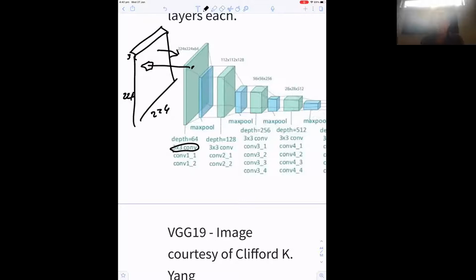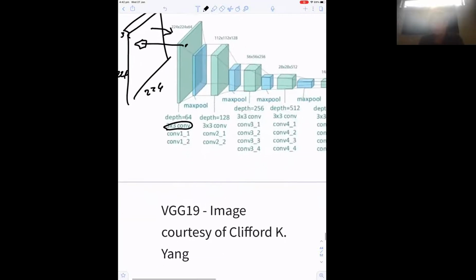Now, it turns out, and it's very easy to see, that if you take, for example, this neuron, and you say I've got a 3 by 3 convolution, just before that you covered 3 pixels. And this one was based on a previous 3 by 3 convolution, and this one was based on a 3 by 3 convolution, and this one was based on a 3 by 3 convolution. All right?